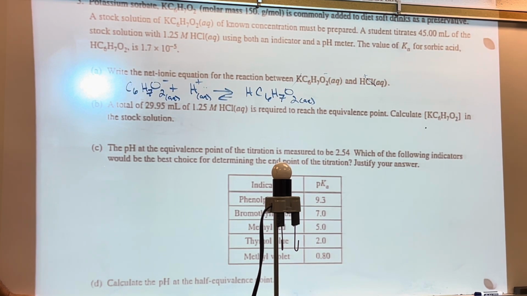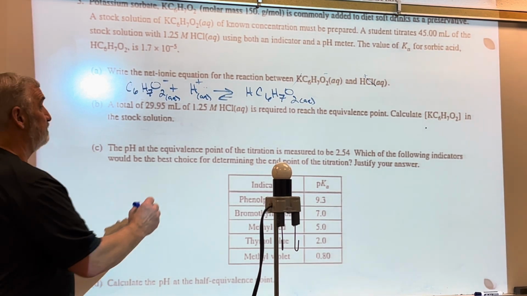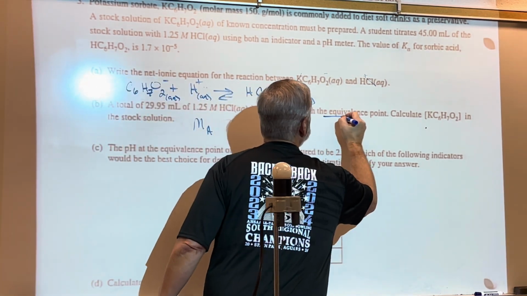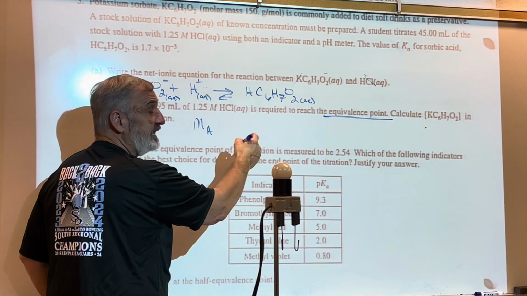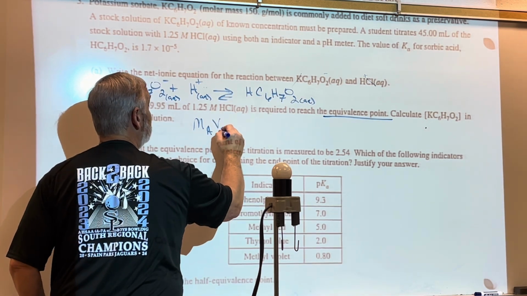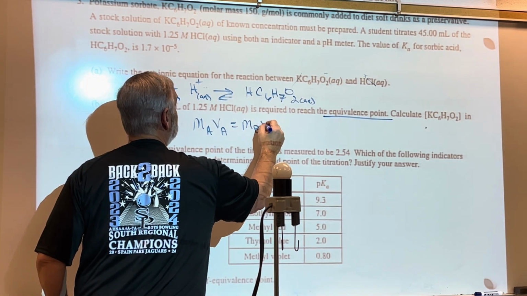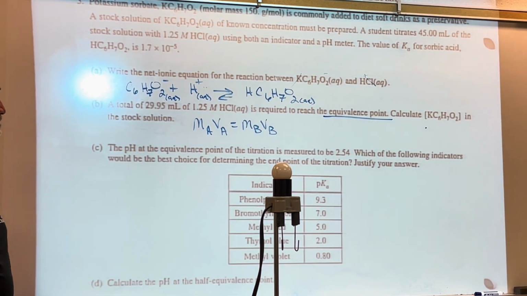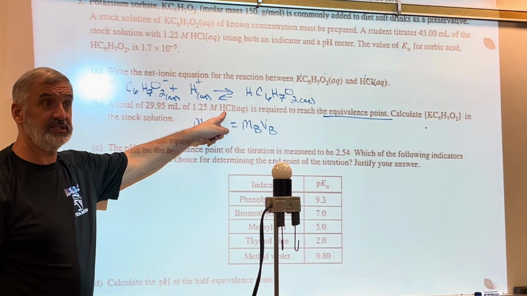All right, so how do we do B? This is how do we reach the equivalence point. That's my key. That's what I'm going to know. I'm going to use MAVA is equal to MBVB. Okay? Now what's the molarity of the acid? 1.25 molar. I have to know that this is my acid.